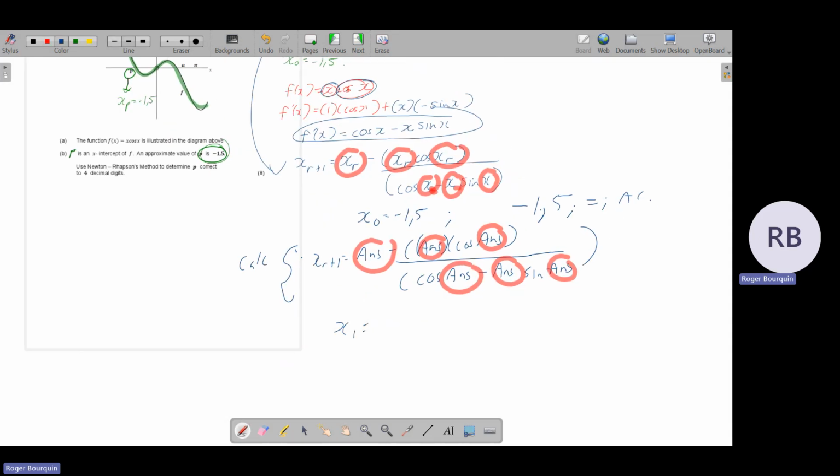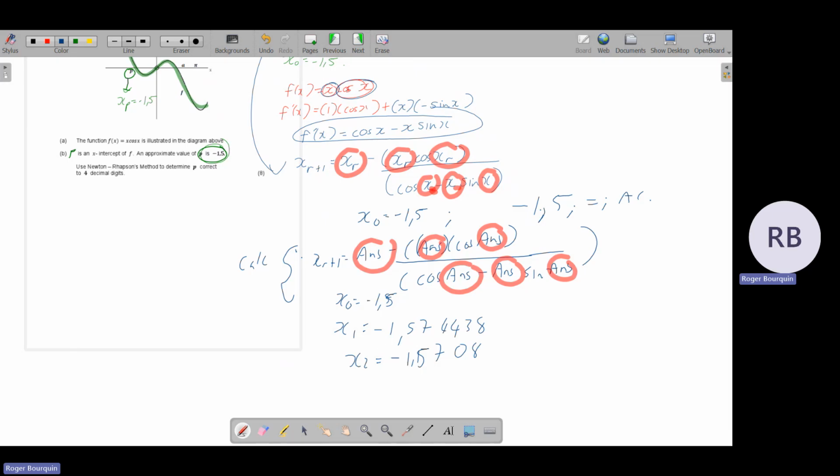So x0 is equal to negative 1,5. Then x1 is equal to negative 1,574438. x2 is equal to negative 1,5708.